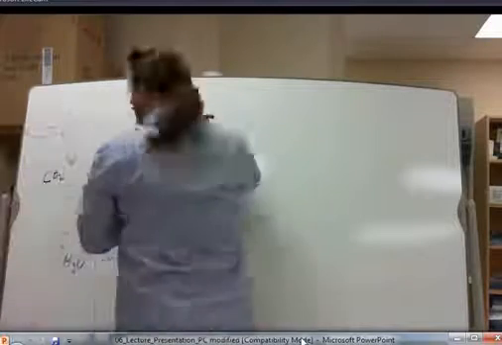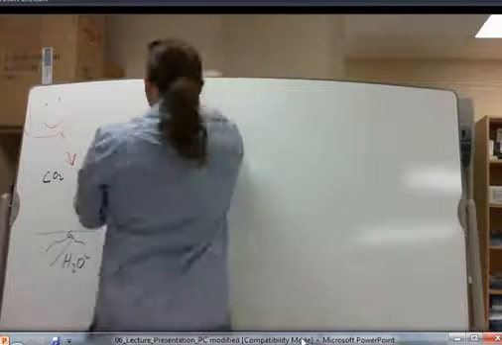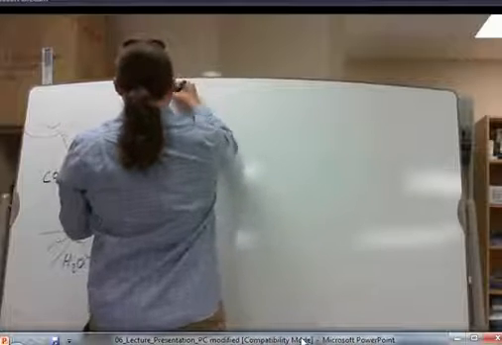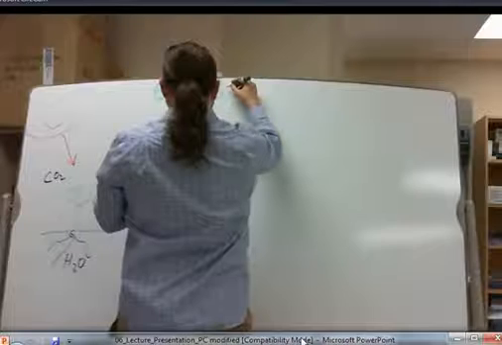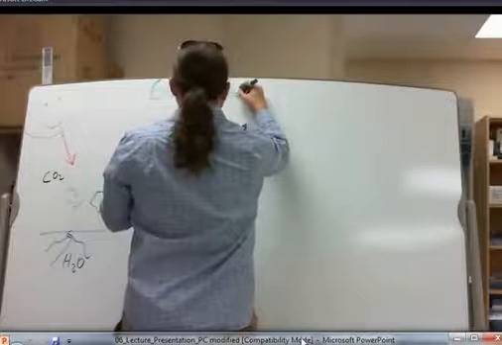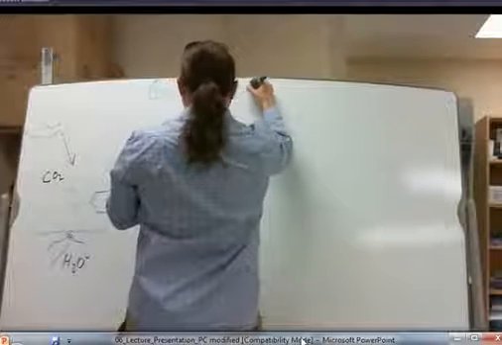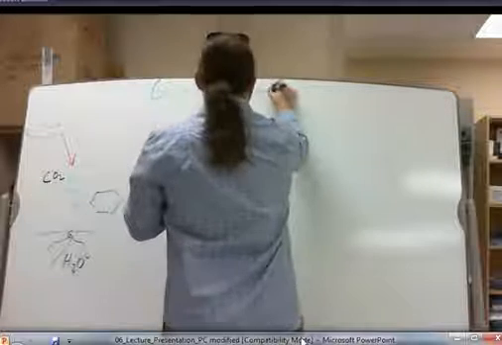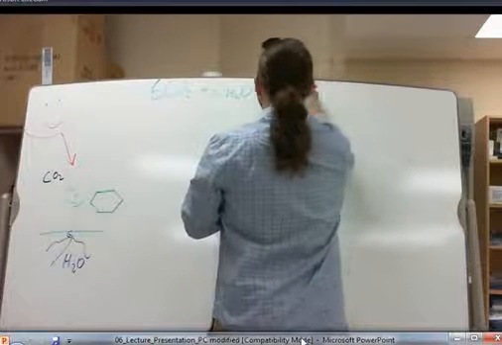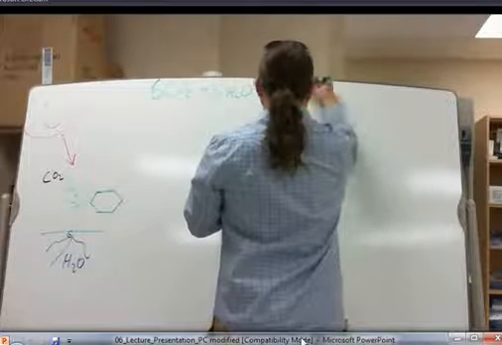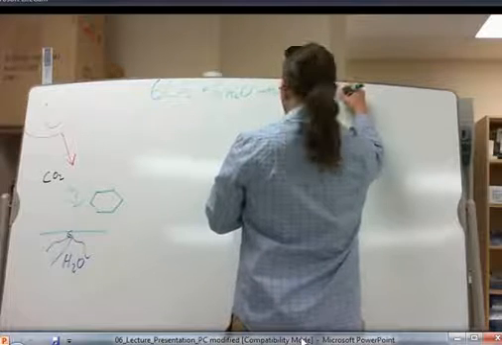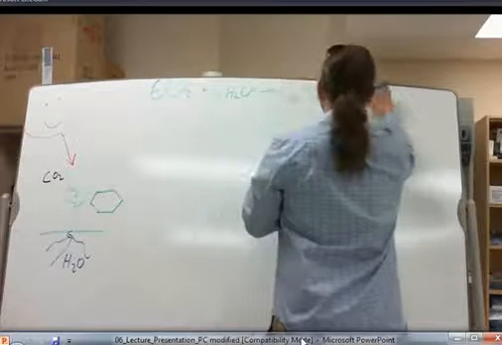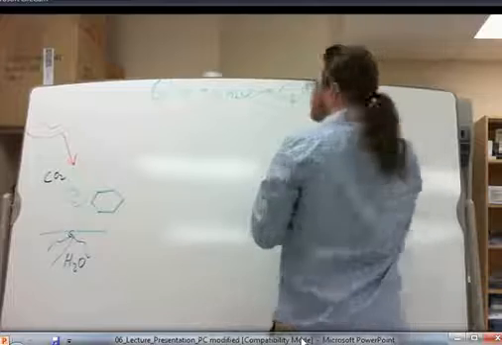Let's take a moment and look at our equation for photosynthesis. It's 6CO2 plus 6H2O yields C6H12O6 plus 6O2.